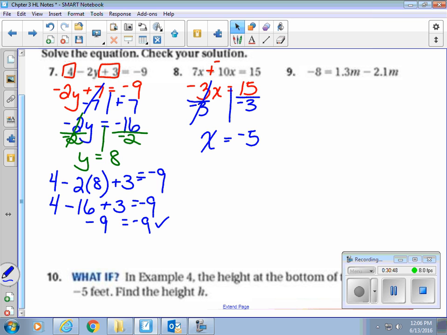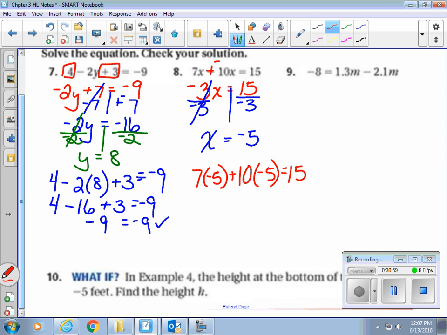Substituting that back into check, I've got 7 times negative 5 plus 10 times negative 5 should equal 15. 7 times negative 5 is a negative 35. Oh, I did it again. This is not plus. This is minus.